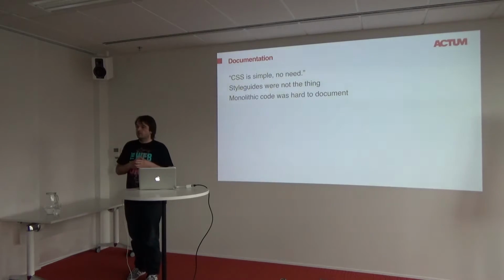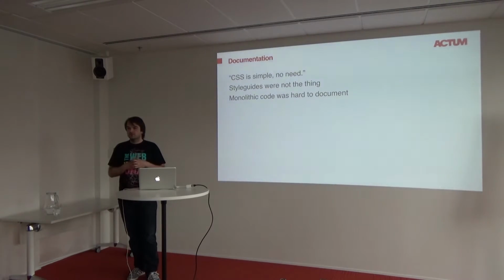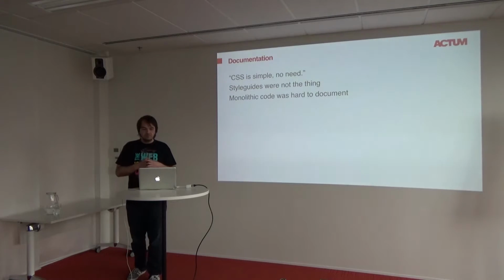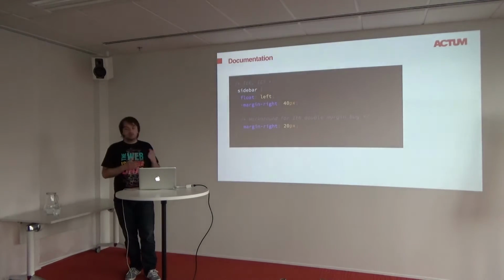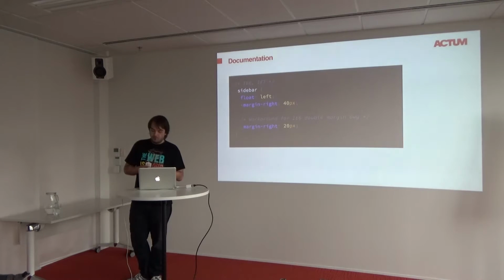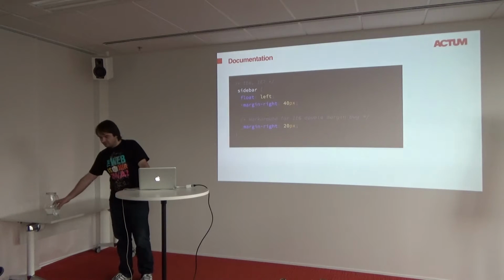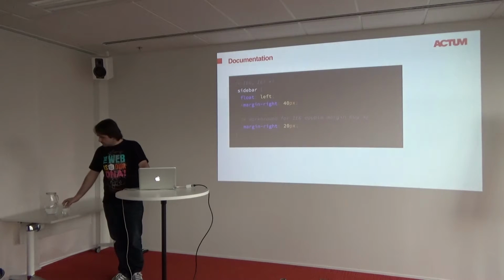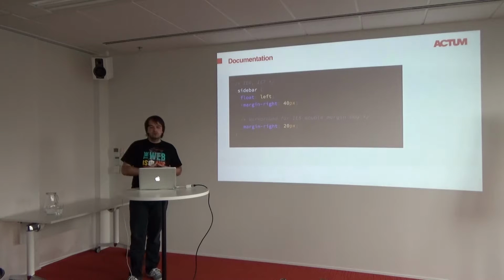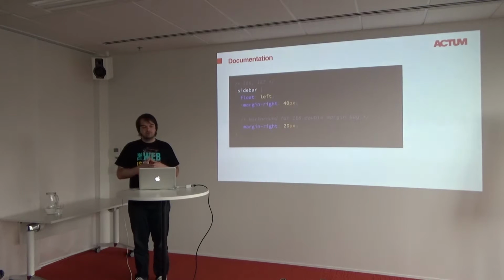Imagine you want to document something which is wrong. Doesn't make sense, okay? But actually we did document our CSS hacks, at least. So this was documentation in terms of CSS scalability.